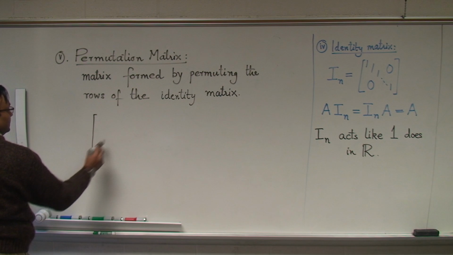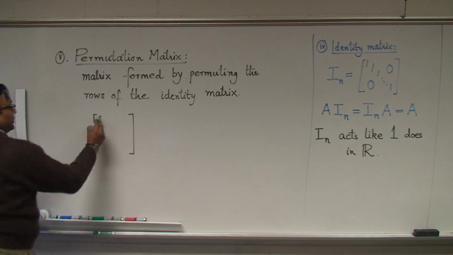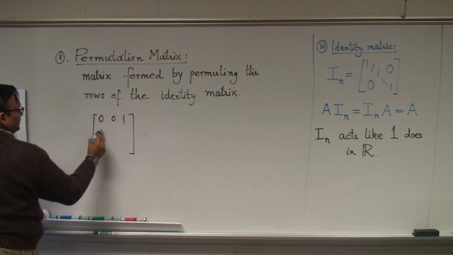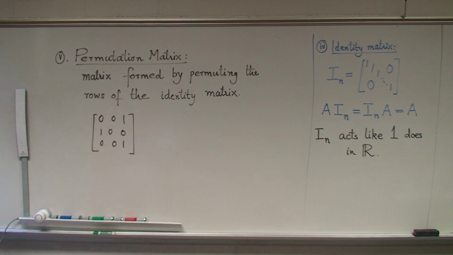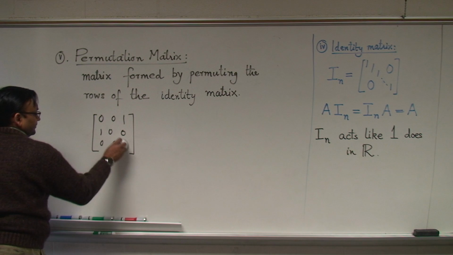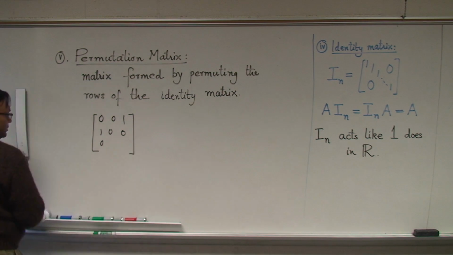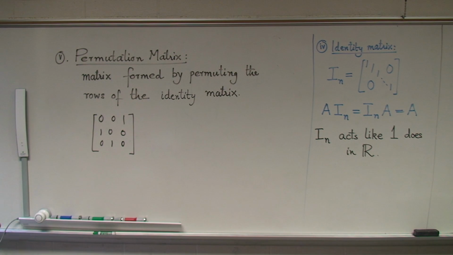So for example, if you look at a 3 by 3 identity matrix, and suppose I permute its rows, say something like this. This is an example of a permutation matrix because we have obtained this matrix by permuting the rows of the identity matrix.